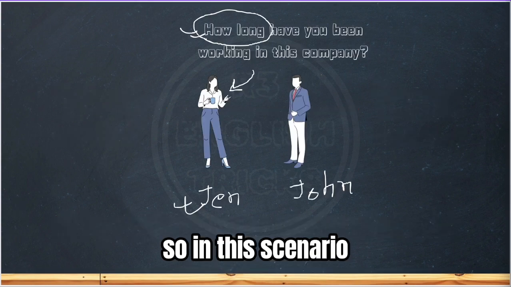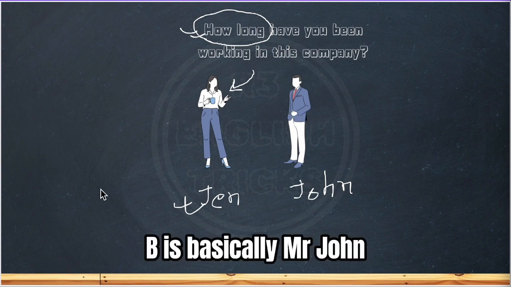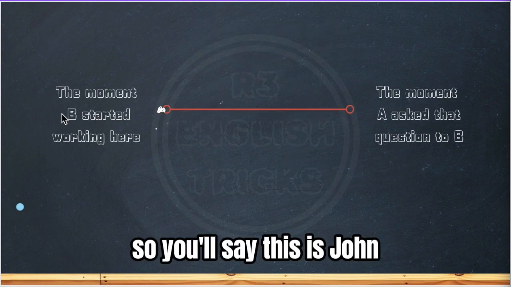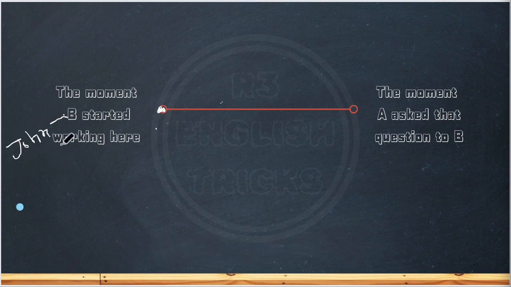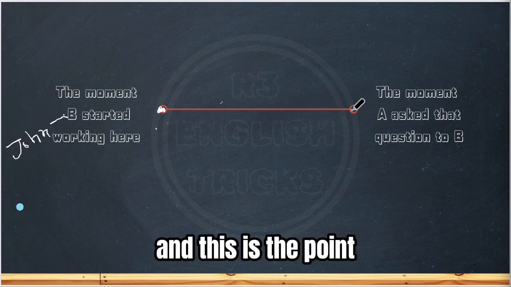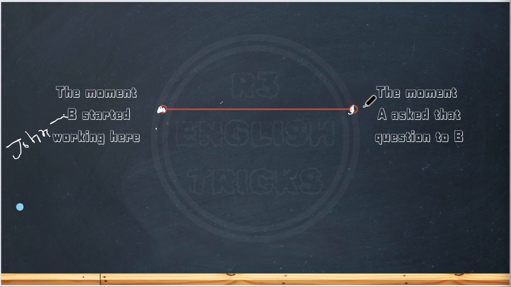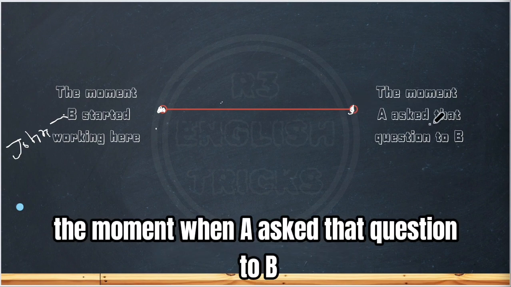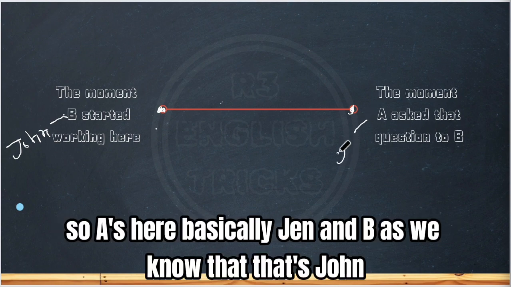So in this scenario, B is basically Mr. John. So we will say this is John, and let's say this is the point, the moment when A asked that question to B. So A is here basically Jane, and B, as we know, is John.